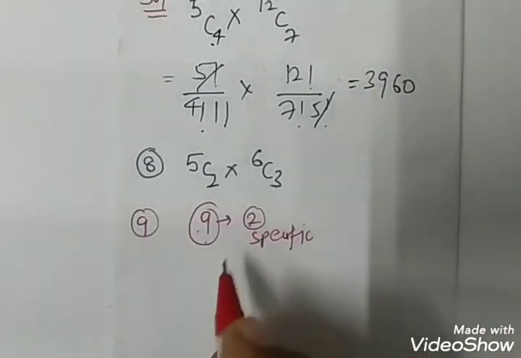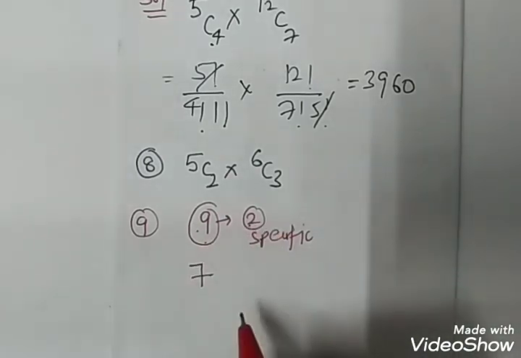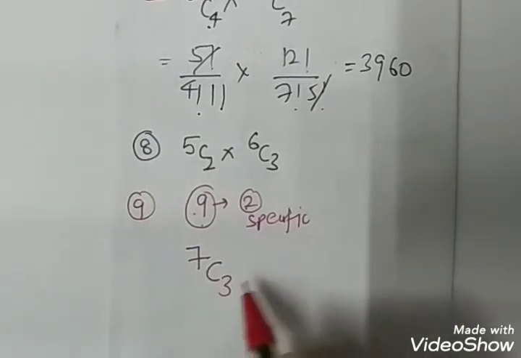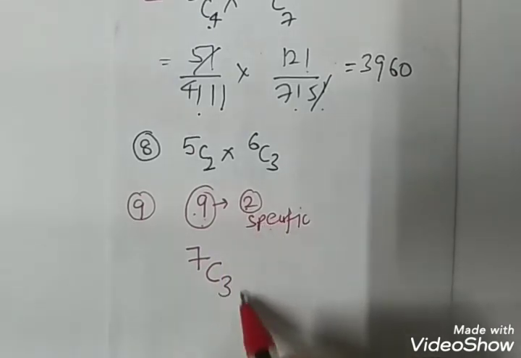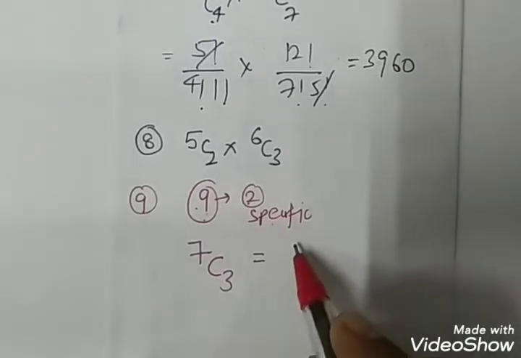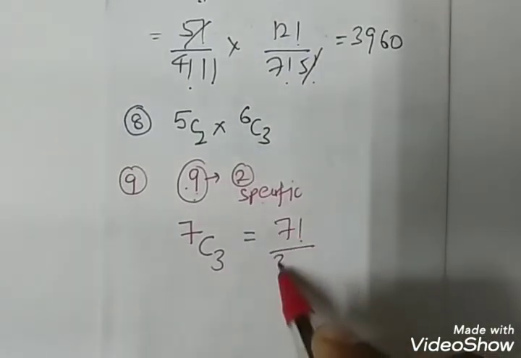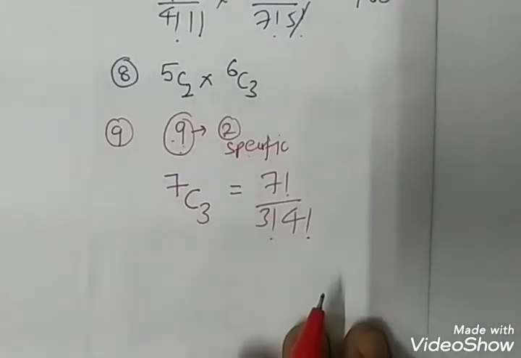Those 2 courses which are specific, I cannot choose, so I am left with 7 only. And I have to pick 5 courses out of which 2 are specific. It is 7C3, because out of 5, 2 are specific, so I have to choose only 3. So 7C3 is the answer. The value of 7C3 is 7 factorial upon 3 factorial into 4 factorial, you can easily solve by yourself, and the answer is 35.